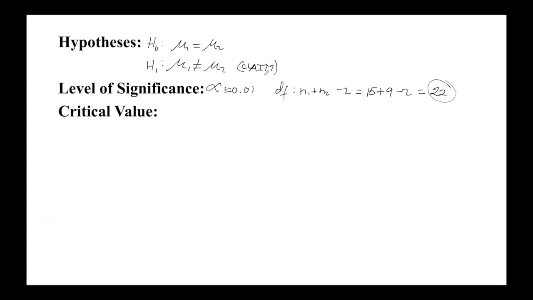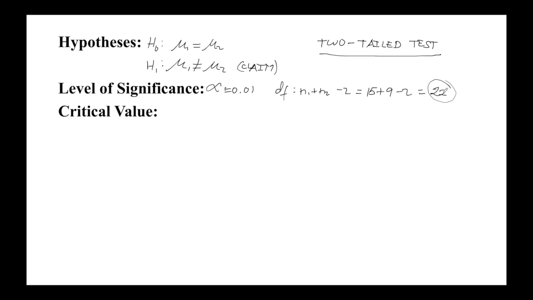Now, take note guys, before we proceed on the table, since we used here an equal and not equal, meaning to say this is a two-tailed test. Why two-tailed test? Dahil walang binibigay na direction, either going to the right or going to the left. So again, this is a two-tailed test, 0.01, 22 degrees of freedom.